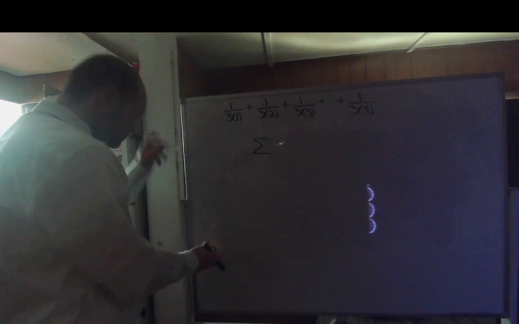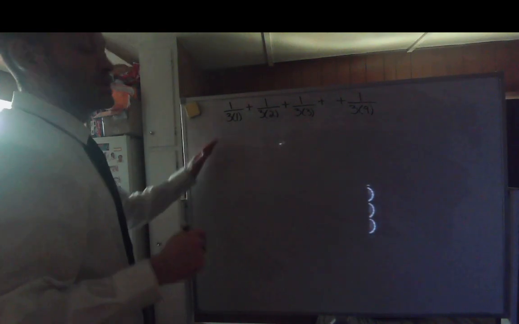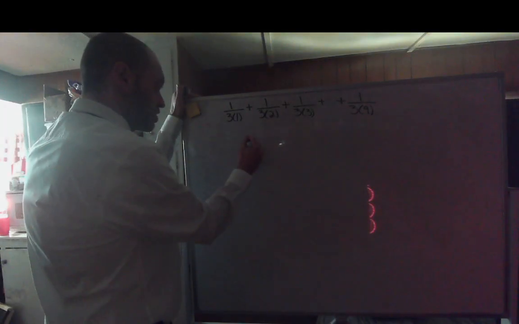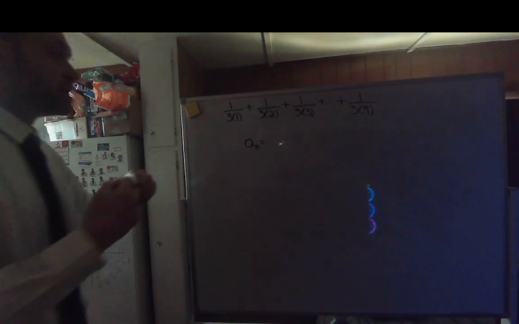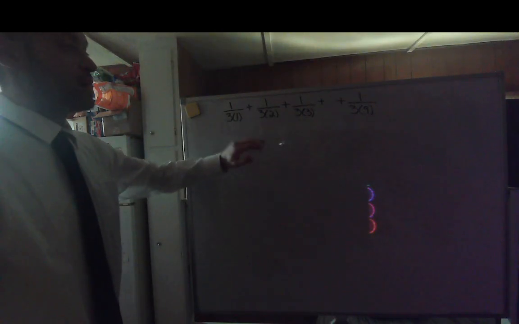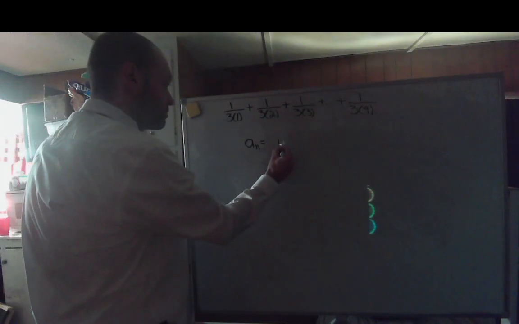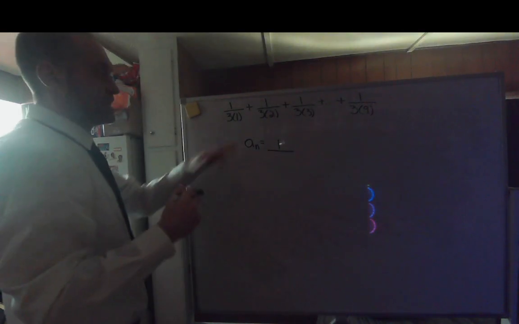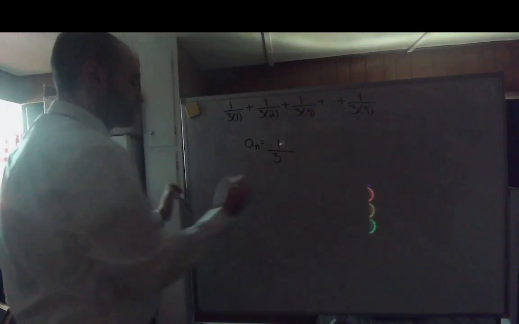So in this case, let's go ahead and figure out what the actual sequence is first. So we know we start with a sub n for a sequence. Now, look at your numerator. No matter what term it is, my numerator is 1. So a sub n equals 1 divided by, and then in the denominator we have a common 3. That much is a given.